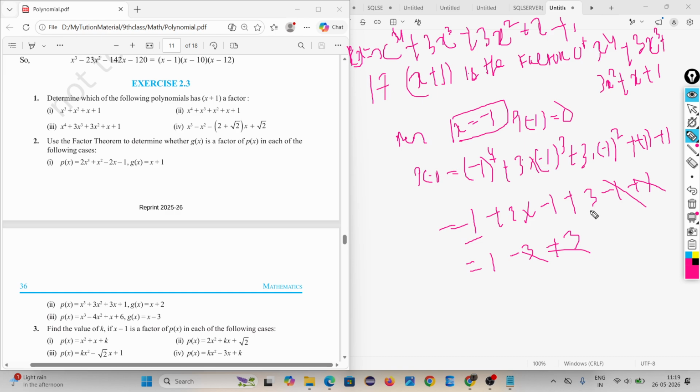Since p of minus 1 does not equal 0, it is not a factor.